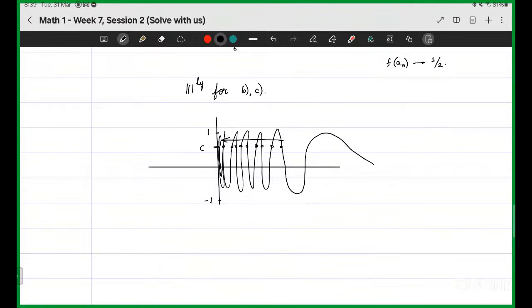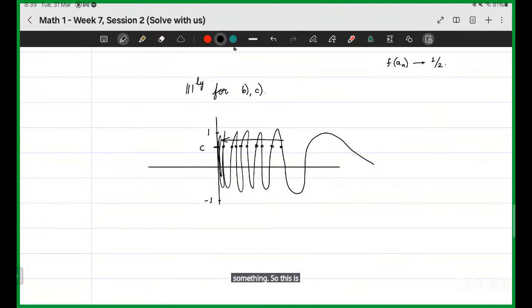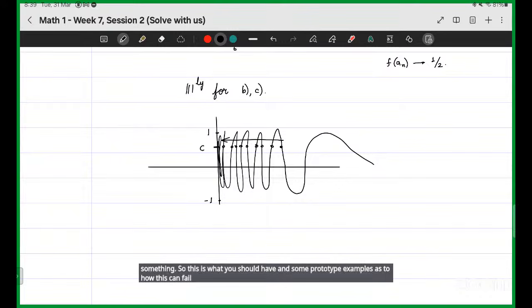What does discontinuity mean? Continuity is not just RHL equal to LHL equal to the function value. That is just a mathematical formulation. What is actually happening is the points are not accumulating near something. So this is what you should have, and some prototype examples of how this can fail and the extremal way in which it can fail.